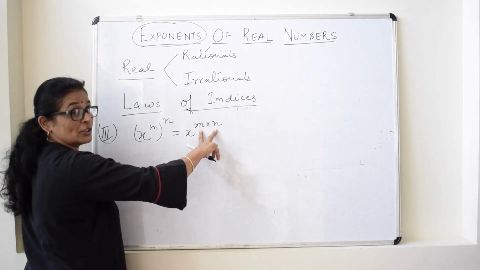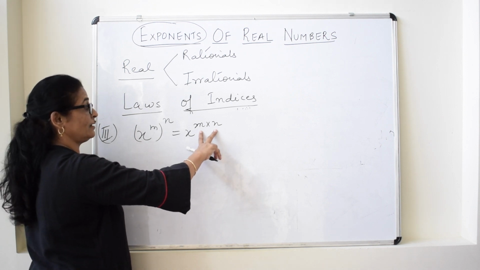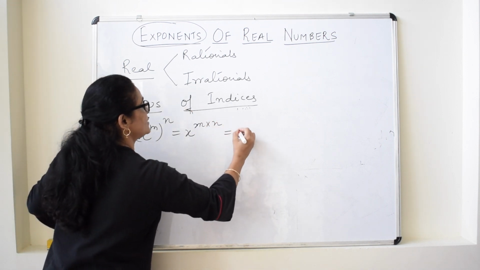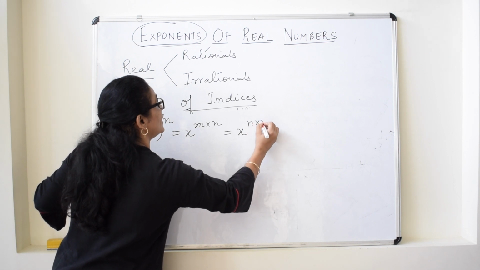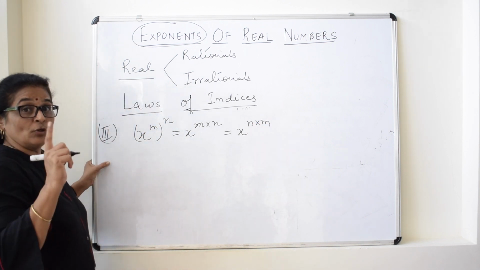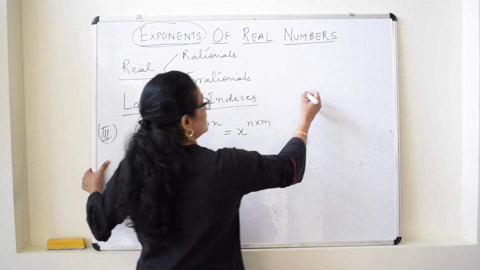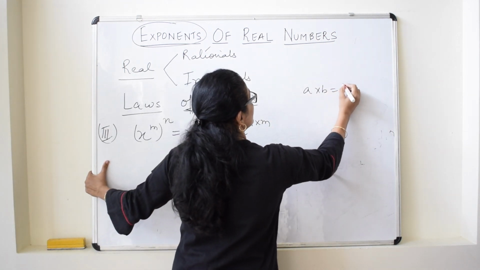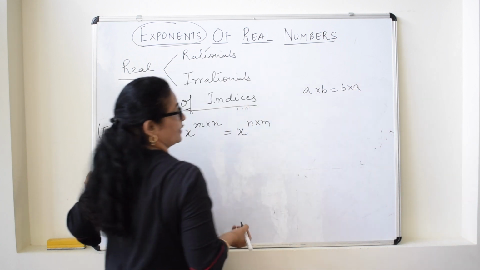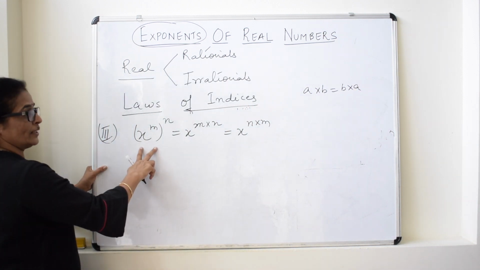Now this is m into n, which can also be written as n into m. Why? We know one property, commutative property of multiplication, which says that a into b is equal to b into a. So what have we concluded?